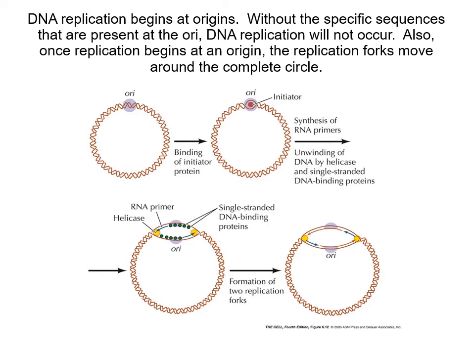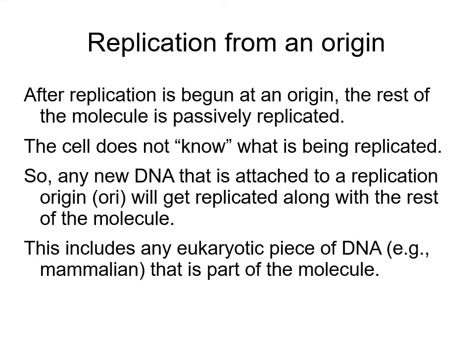So the human gene is coming along for the ride based on the fact that this origin is present on the molecule. The cell doesn't know what it's replicating, and anything else that's attached to it will get replicated along with the rest. So you certainly need an origin.